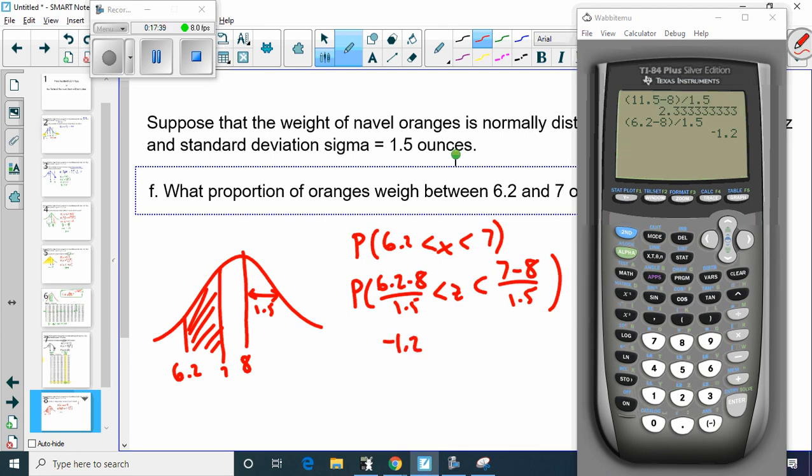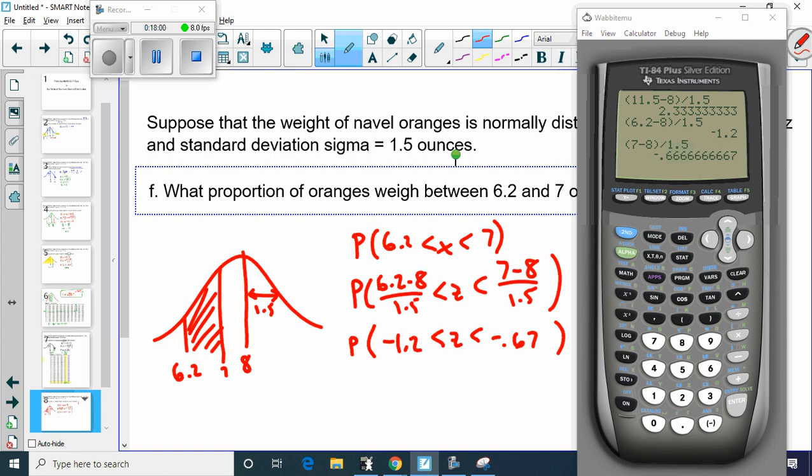And again, it's negative because this number is less than the mean. And then this side is also going to be negative, because it's less than the mean. 7 minus 8 divided by 1.5 is negative 0.67.